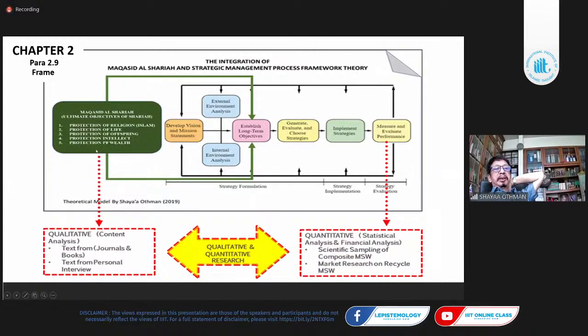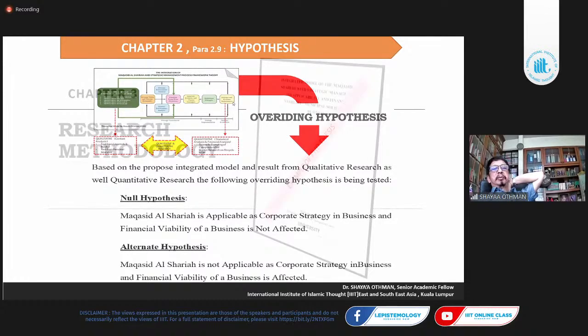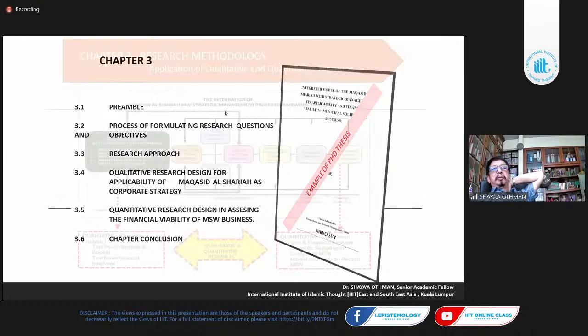You can see this needs qualitative research, this needs quantitative research, the two, in order to prove your model. You have the overriding hypothesis, you have the statistical hypothesis, but you also have an overriding oral hypothesis on this model. And then you have the research methodology used, which I have described above.